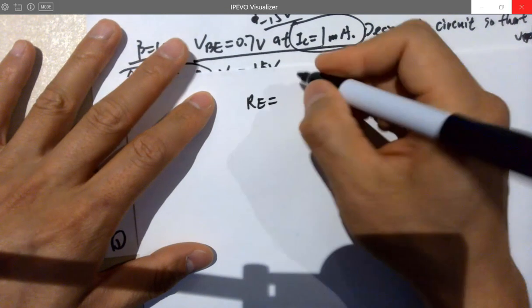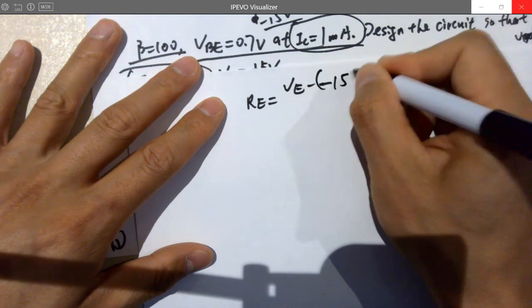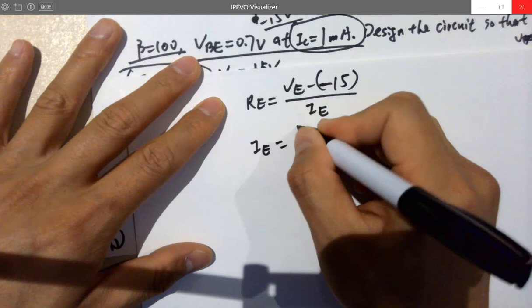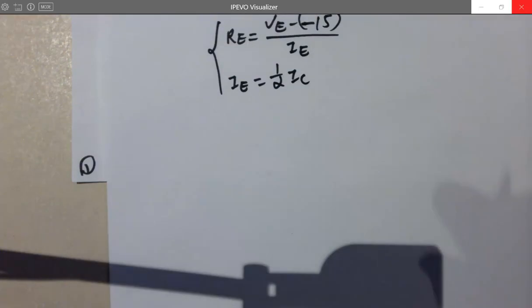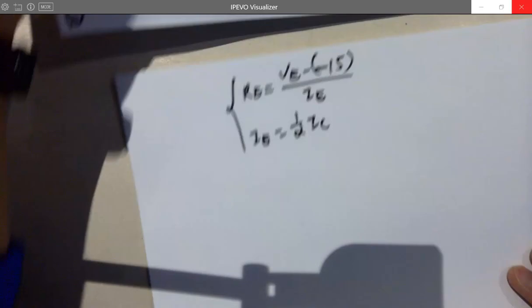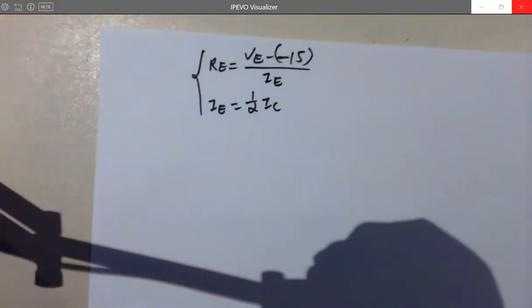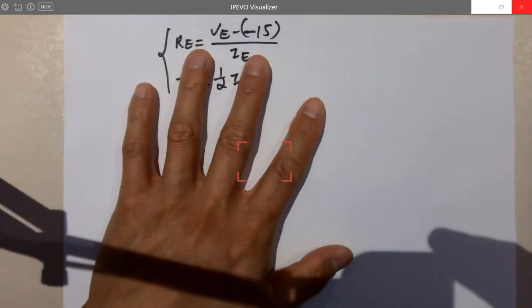RE equals VE minus negative 15 volts over IE, right? IE is 1 over alpha times IC. For the problem, I won't calculate it, but you know how to do it, right? I'm going to scan the notes and post them to the website, so find them when you are doing the homework assignment if you need it.